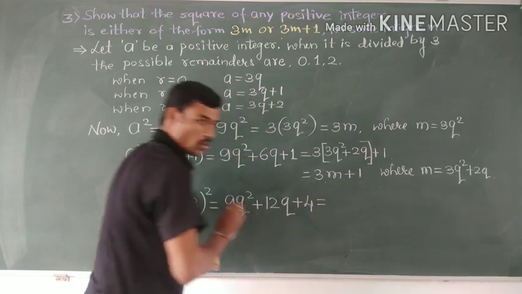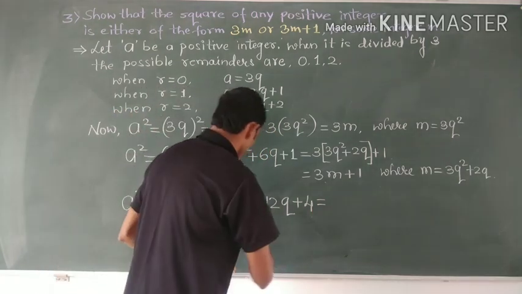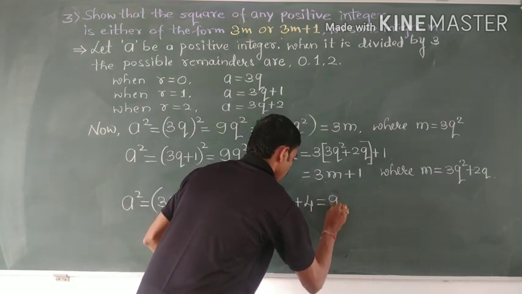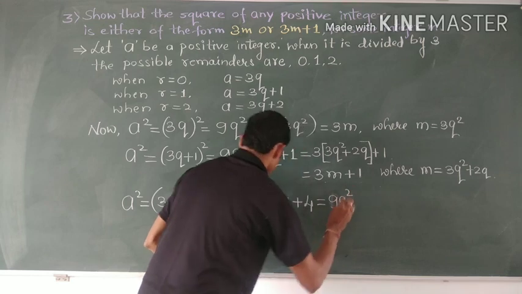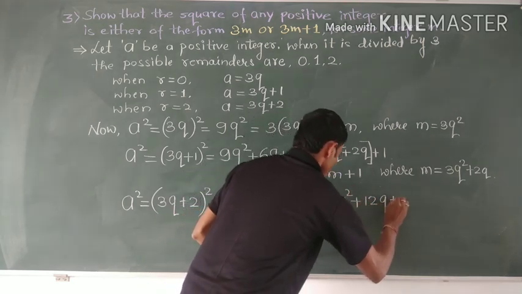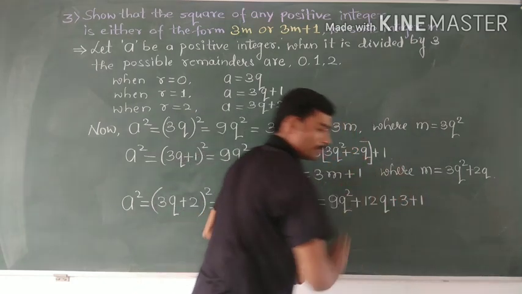Again, 9q square plus 12q plus 4 can be written as 3 into something plus 1.